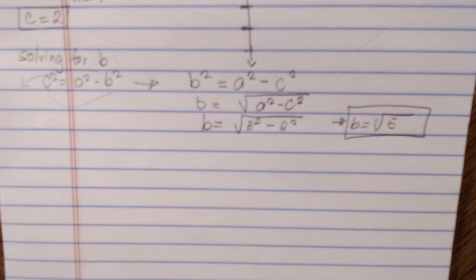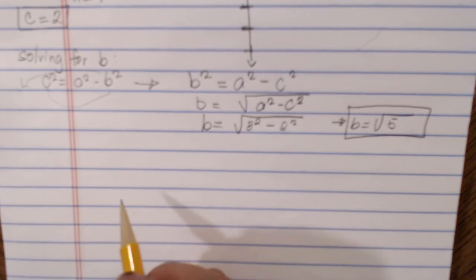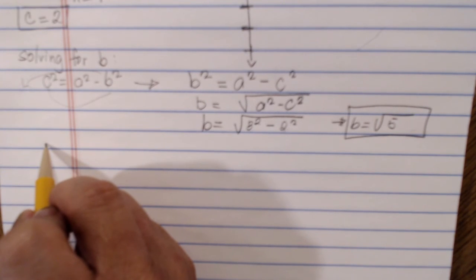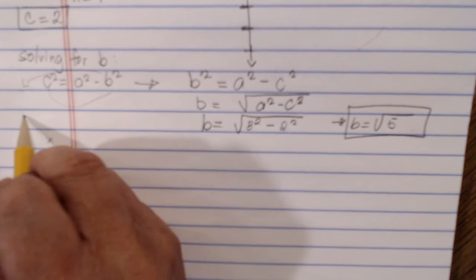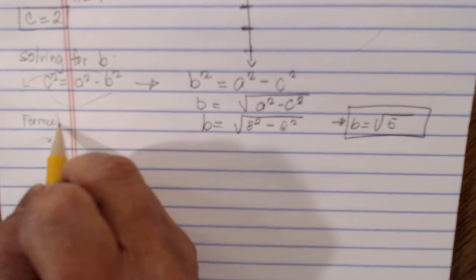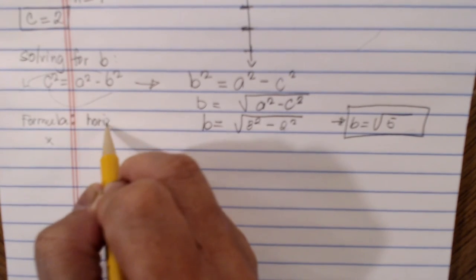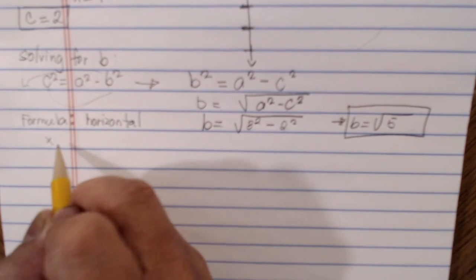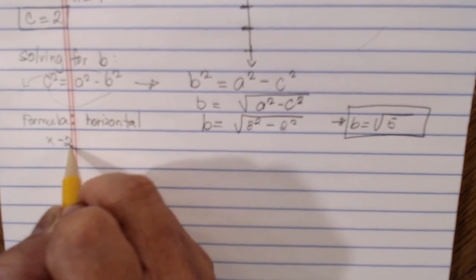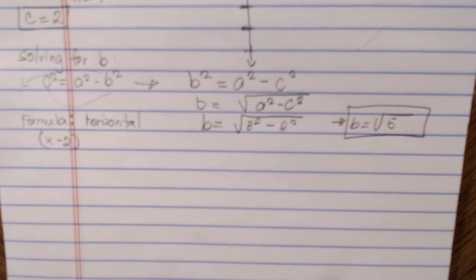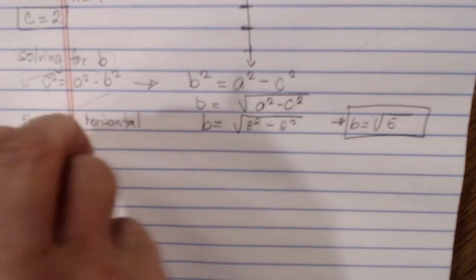This is the formula for a horizontal major axis. I have to copy the original formula so you won't get confused.